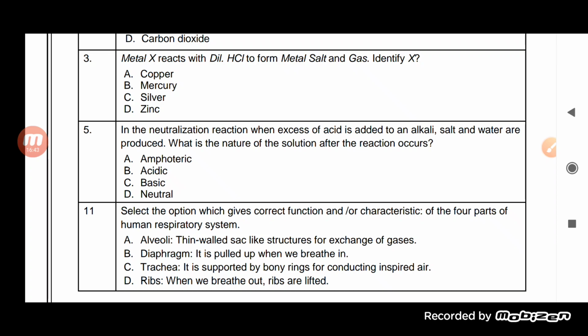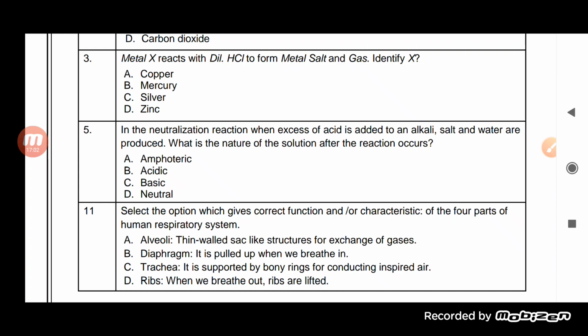So the kind of solution which will be formed here will be an acidic salt solution. Similarly, if a strong base reacts with a weak acid, then there is a formation of a basic salt solution.